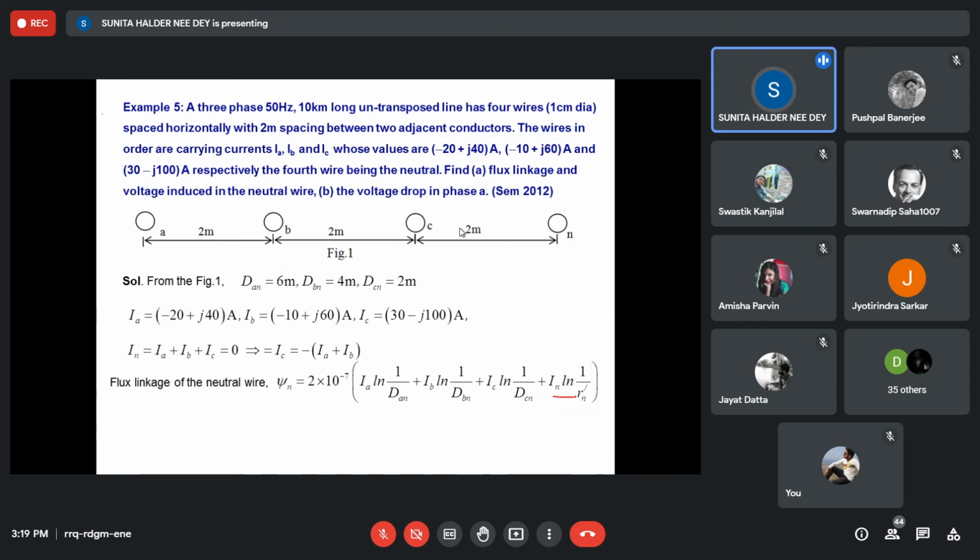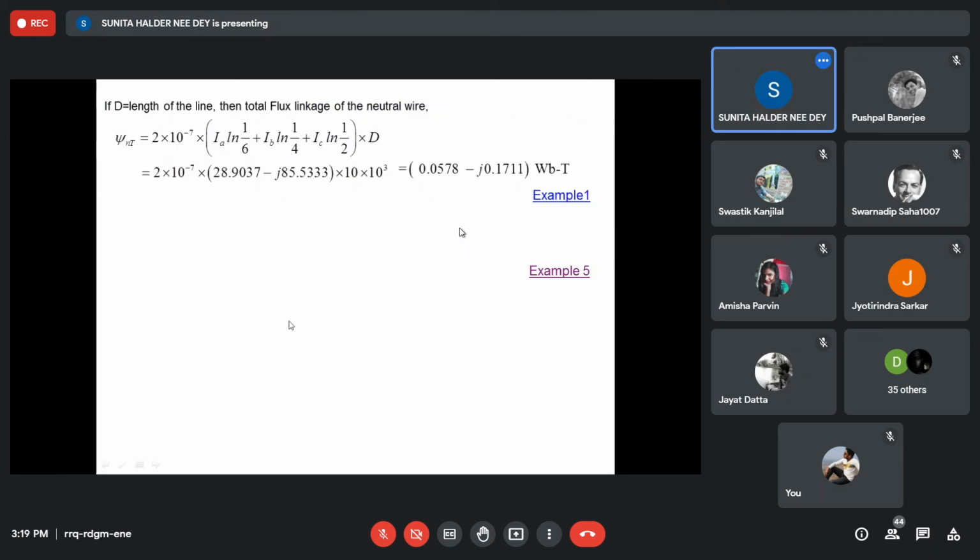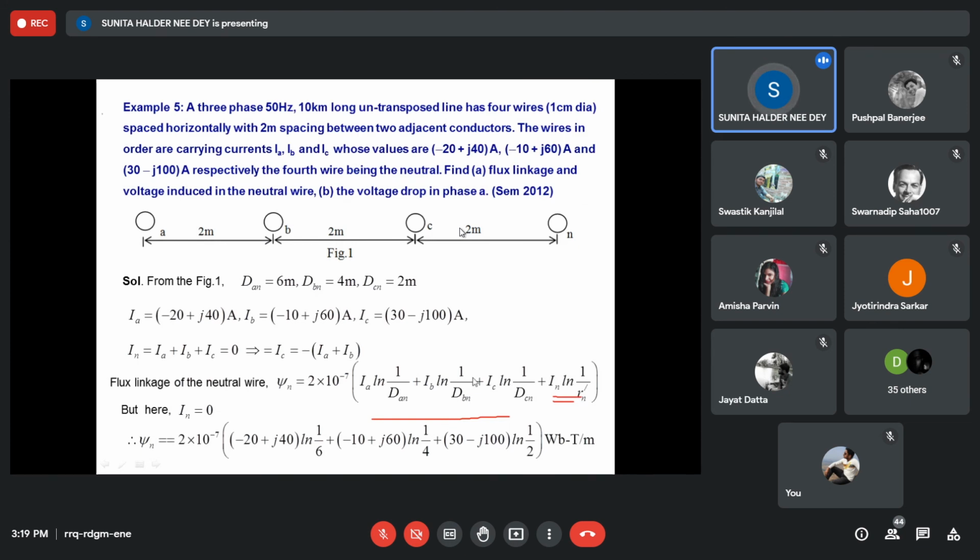So IN is 0, so this portion will be 0, but this portion will exist. Just put the value and we shall get this expression, and the unit of flux linkage will be Weber turn per meter, as we are calculating per meter length, right?